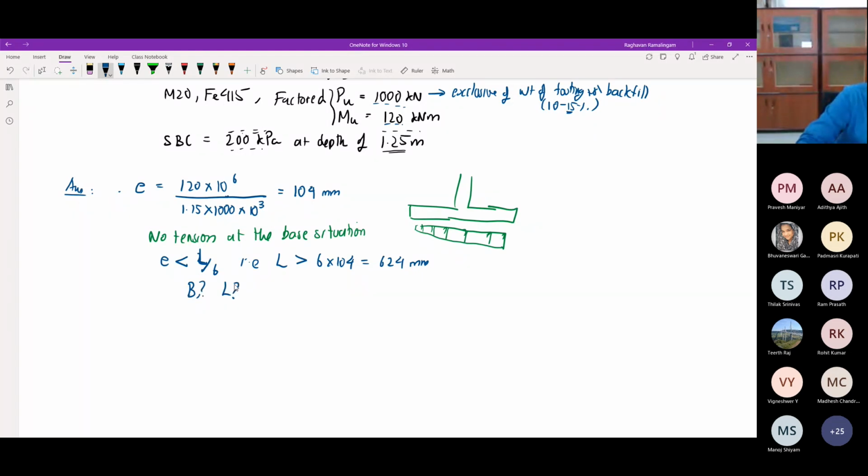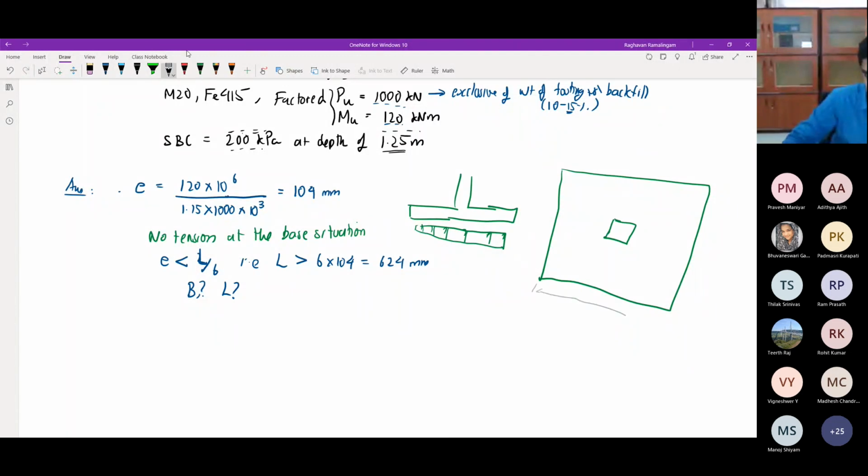If I draw it, this may be the footing rectangle. Here my column might be there, the 500 by 300 column. I need to get some value for this side and some value for this side.